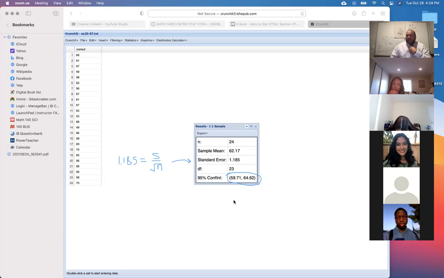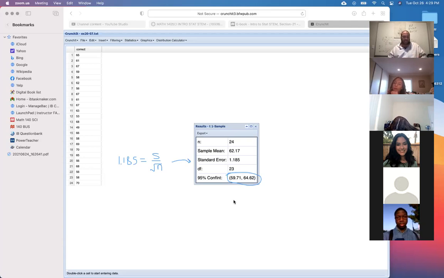What does that mean, that we're 95% confident that it is? What it really means is that if you were to create lots and lots of confidence intervals, 95% of them would capture the true value. So we interpret that to mean that there's a 95% chance that this particular confidence interval captures the true value.